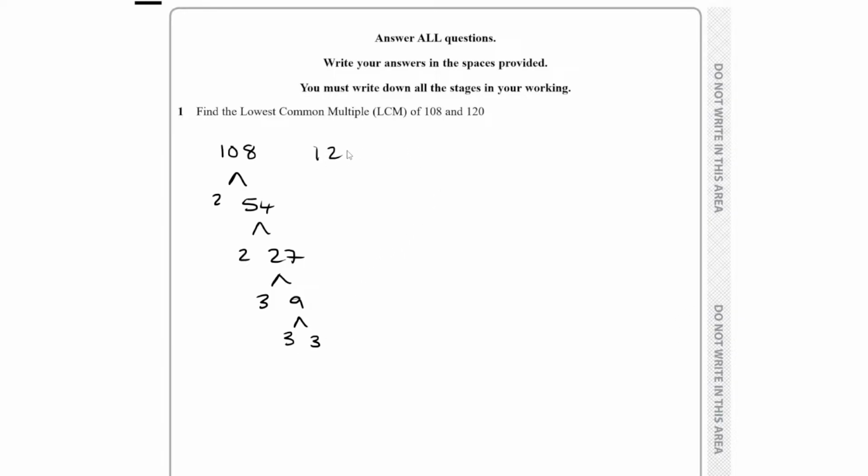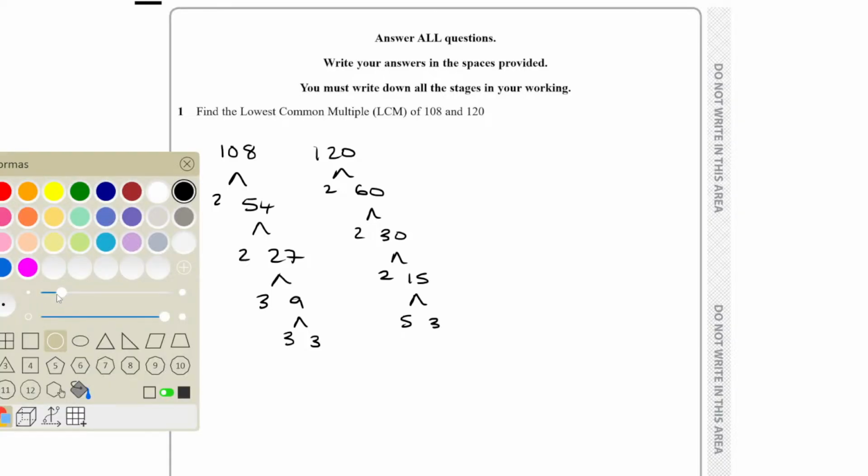And then 120, again, just starting with 2. You can start with any number, but I just like to keep halving it until I can't anymore. 5 and 3. Then I just scribble out some circles. You don't have to do it accurately at all, but I might as well get a nice circle here.